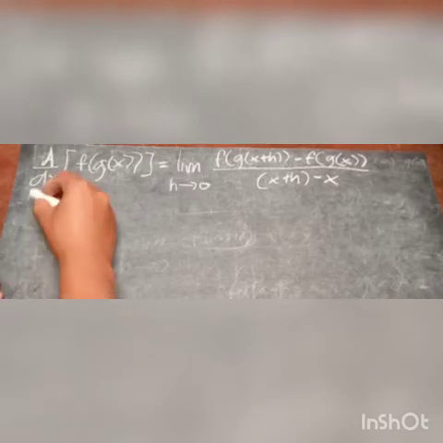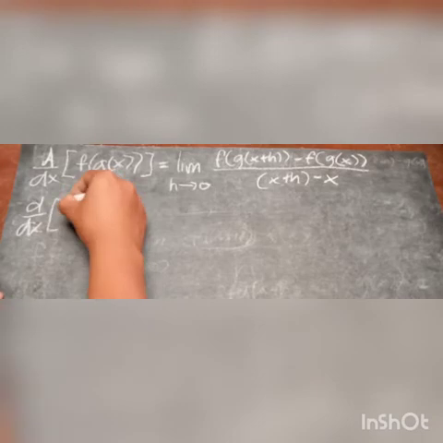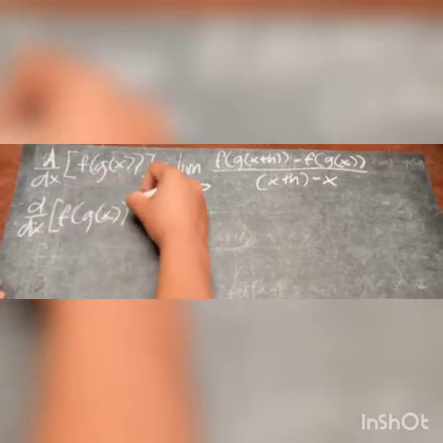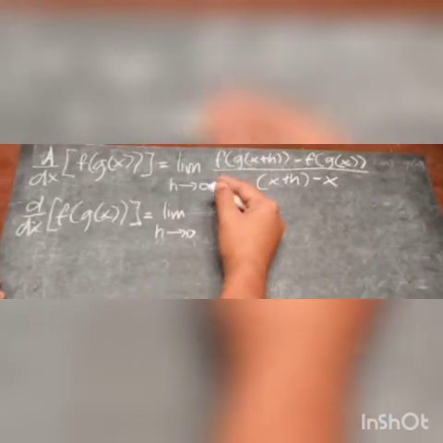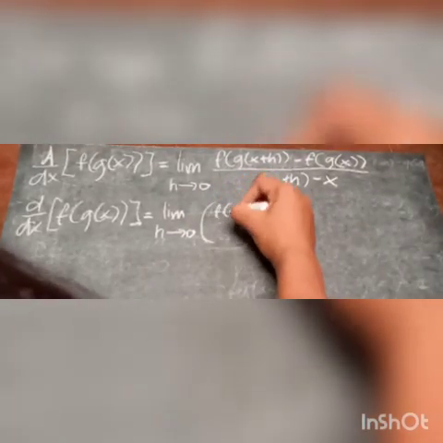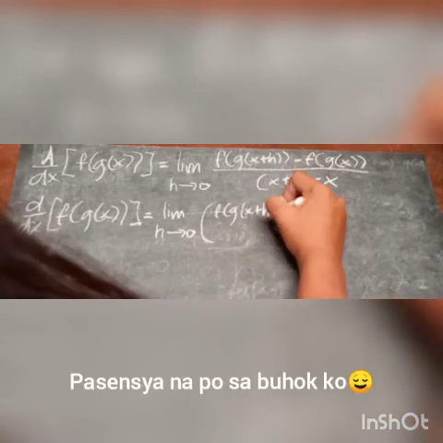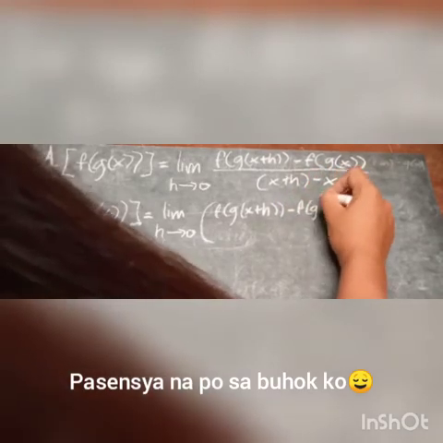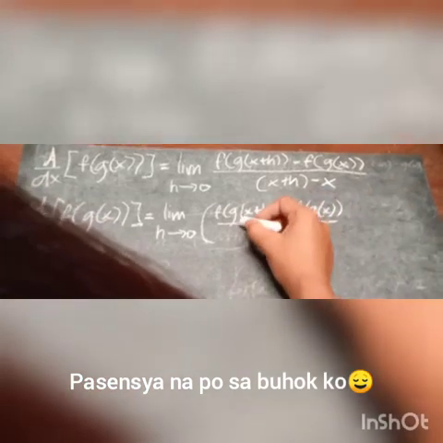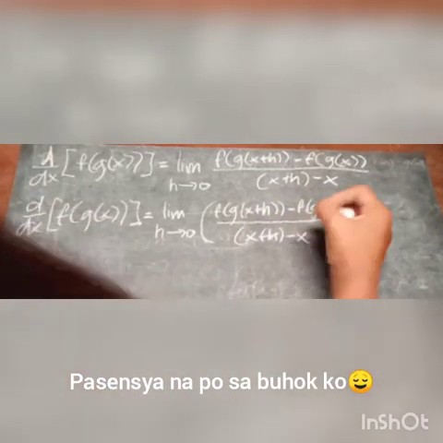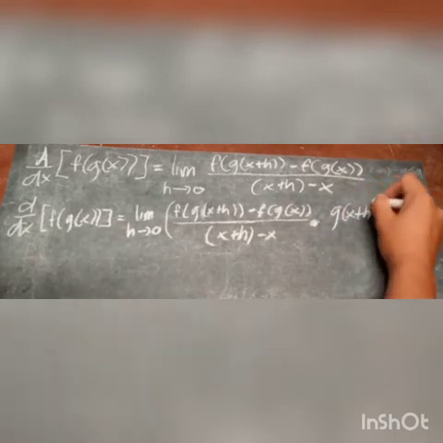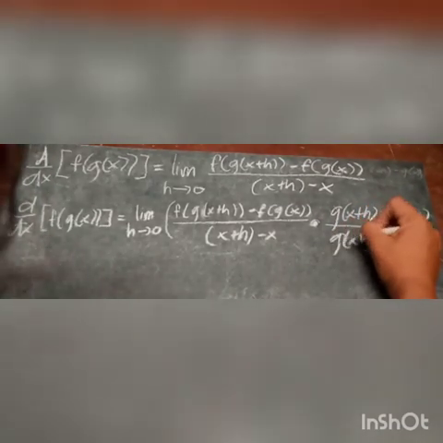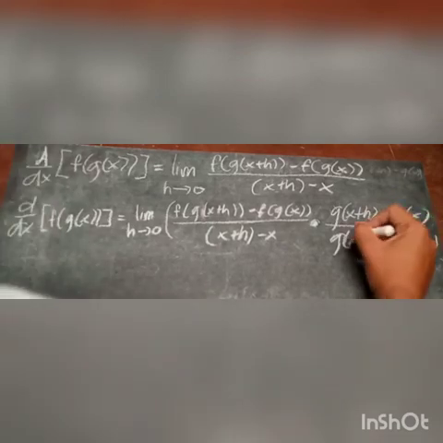So we will have the derivative of f of g of x is equal to the limit as h approaches 0 of f of g of x plus h minus f of g of x over x plus h minus x, times g of x plus h minus g of x over g of x plus h minus g of x.